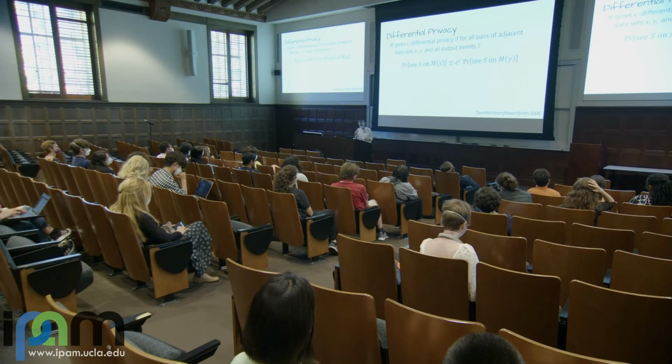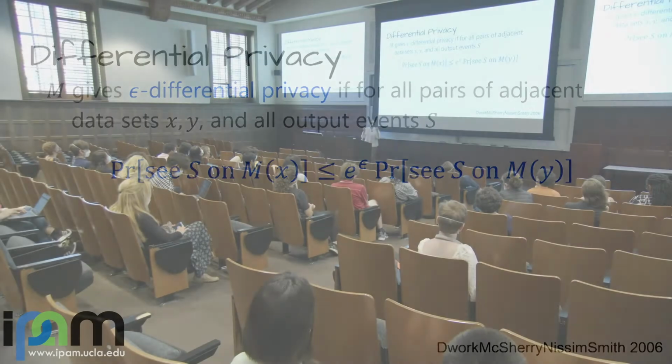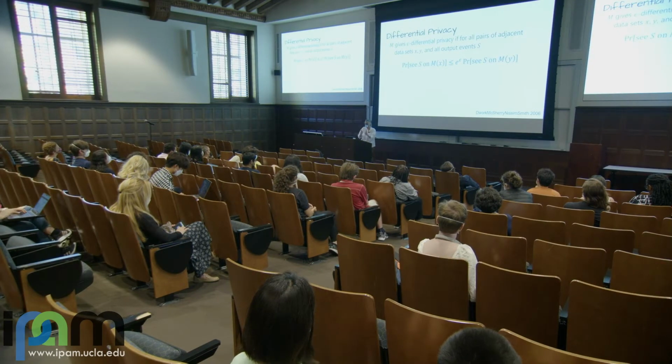So armed with this, the algorithm M gives epsilon differential privacy if for every pair of adjacent data sets, no matter how nastily chosen, X and Y, and every S that you could possibly observe by running the algorithm, the probability that we see this outcome when we're running on database X is very close to, and I'll get on to that in a minute, the probability that we see that outcome when the actual database is the adjacent Y. Why are there probabilities here?